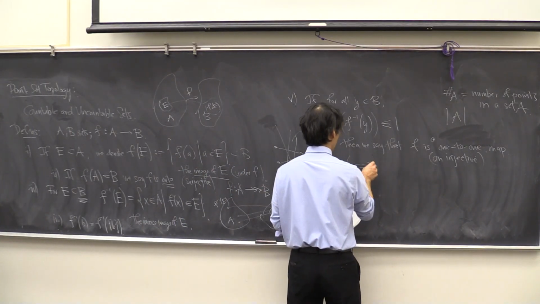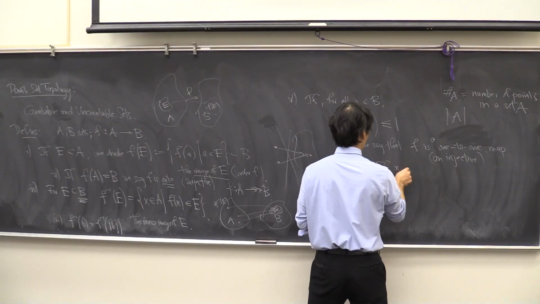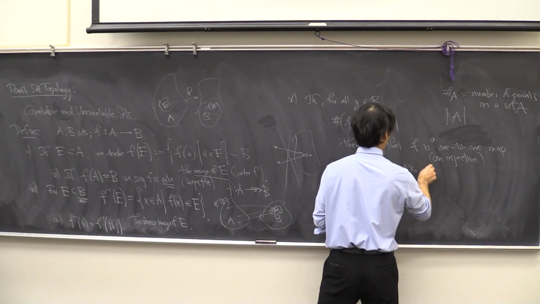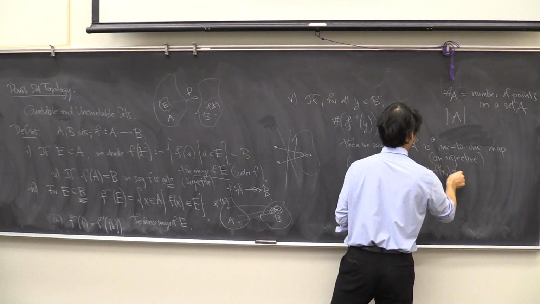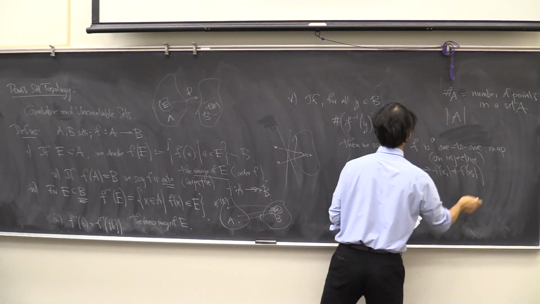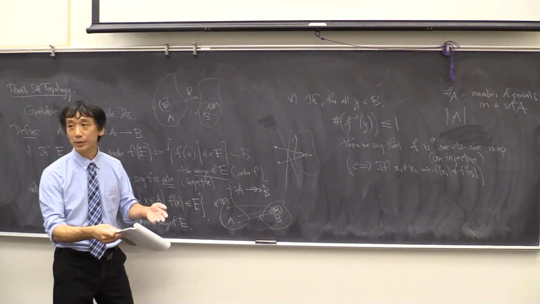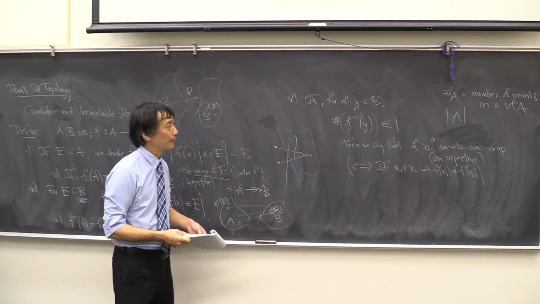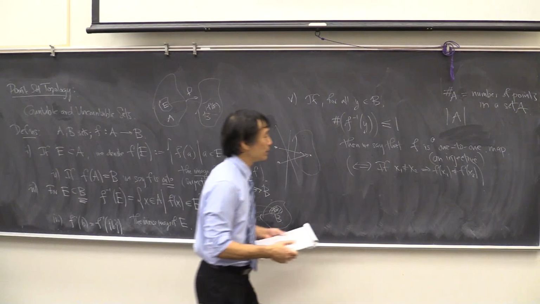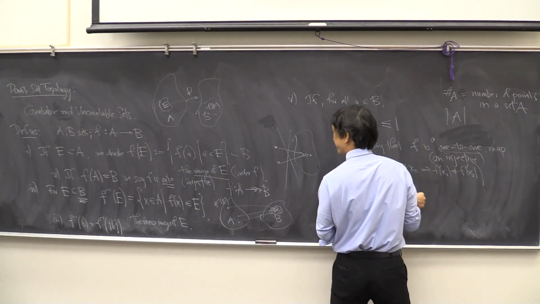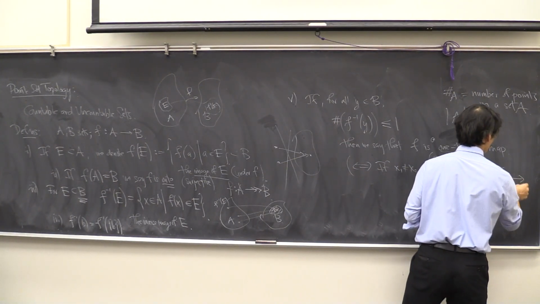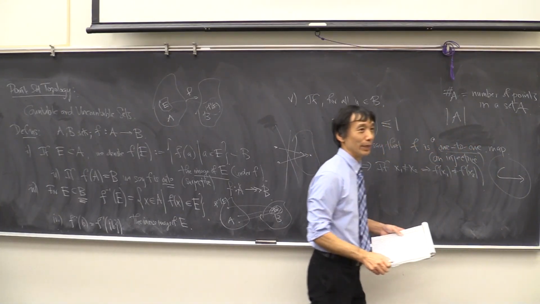Equivalently, if x1 and x2 are different, then f of x1 and f of x2 are different. No two different points go to the same point. You've probably seen this term before. And again, one sometimes uses this arrow for that.